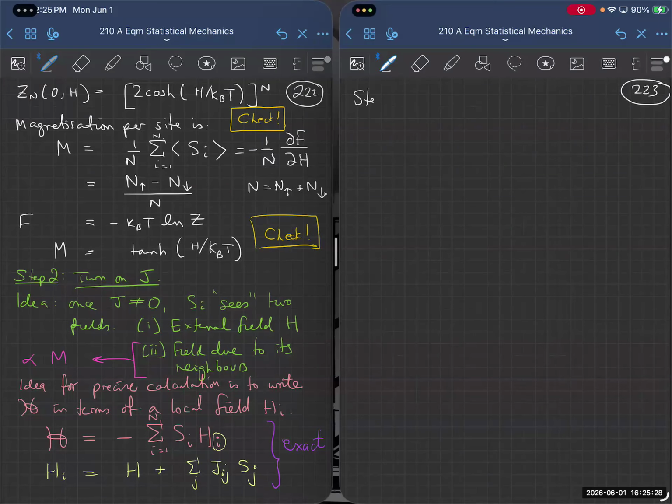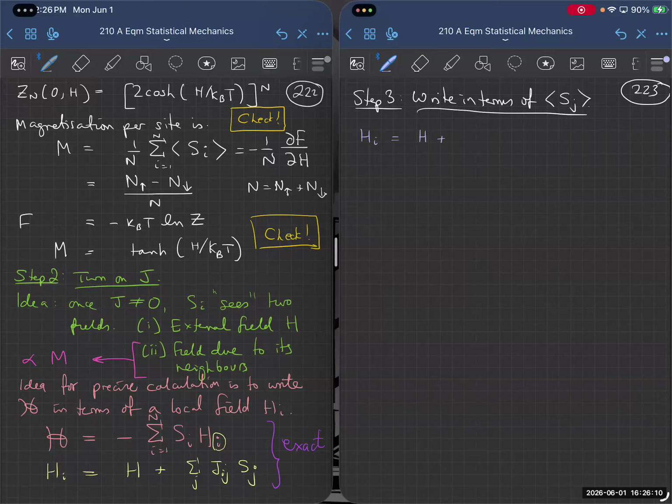Then step 3: I'm going to write this in terms of the expectation value of S_j. What I mean is something quite simple. I'm going to write h_i equal to h, and then take exactly this term here, but add and subtract a term that's been very cleverly chosen. The term I'm going to add and subtract is equal to 0, but I'm going to put it into my equation in a sneaky way.